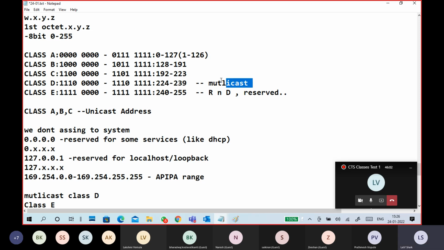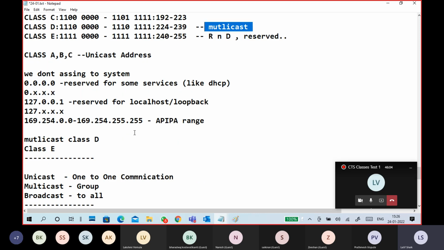It is used by multicast-related services only, for example WDS services, BOOTP services. Routing protocols like RIP version 2, EIGRP, and OSPF also use multicast.